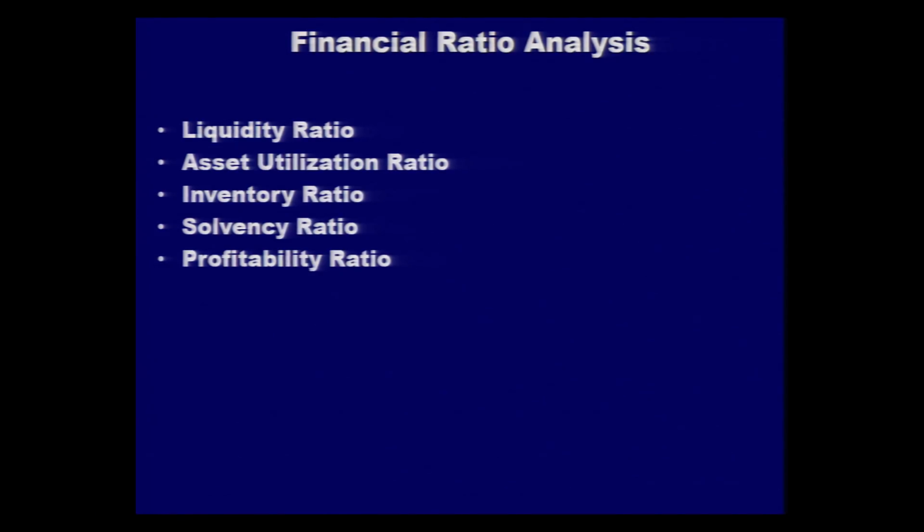Generally, as a layman or as somebody who has lesser knowledge, and we get hold of a financial report like a balance sheet or a profit and loss account, if we have to know the health of a company, we should study liquidity ratio, asset utilization ratio, inventory ratio, solvency ratio, and profitability ratio.